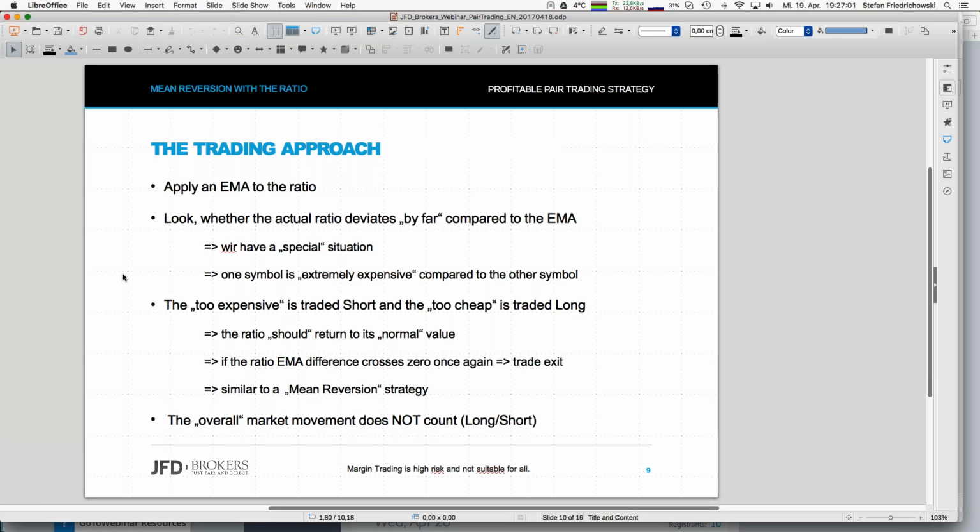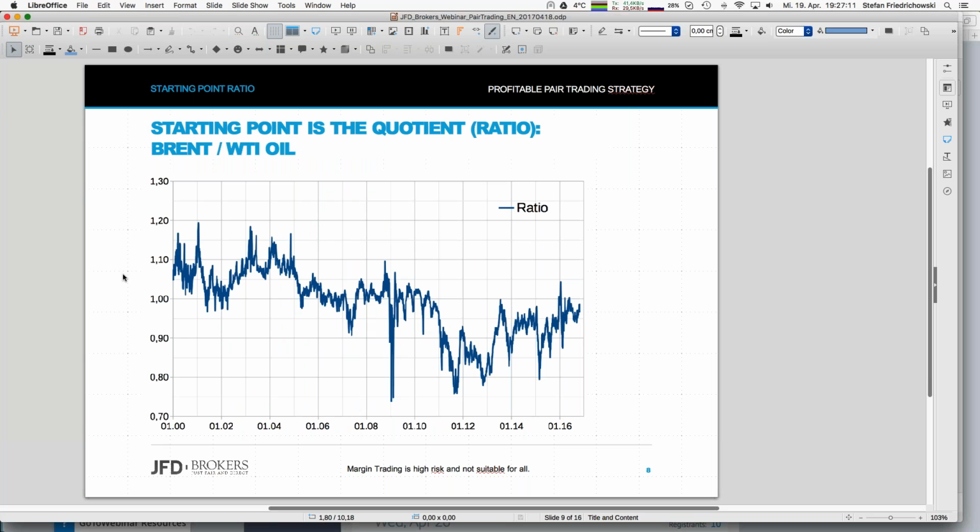And a very good trick here is that you apply an EMA to that ratio. Sounds strange.